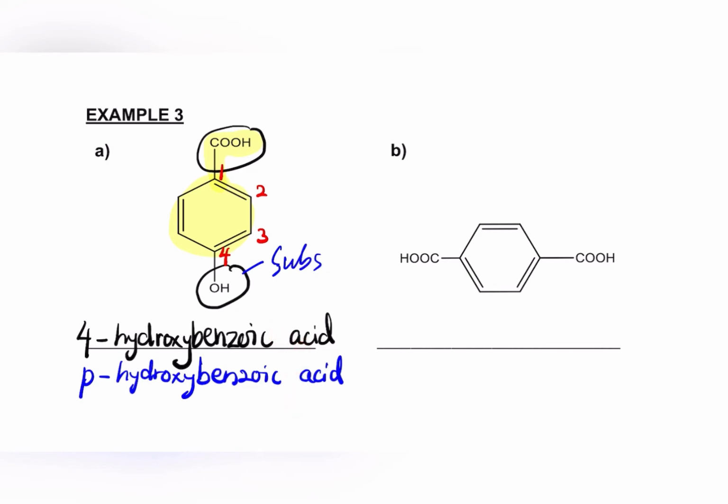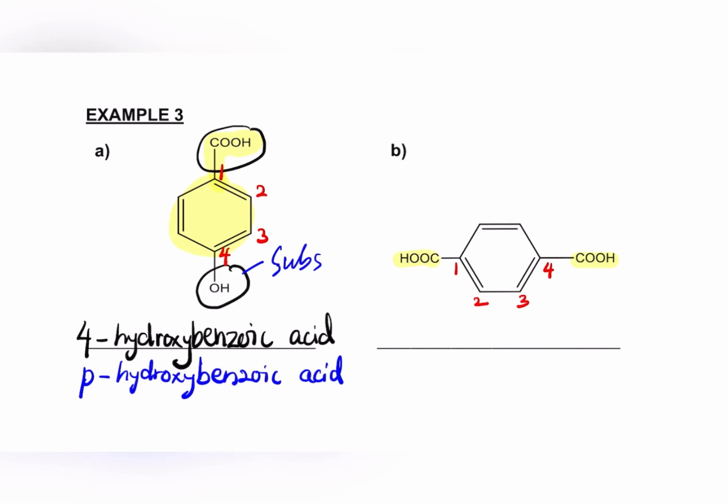Now let's focus on structure B. I got benzene attached to 2 carboxyl groups, which are these 2. So right now, 2 carboxyl groups are at position carbon number 1 and number 4. So how do I give the naming for this one?